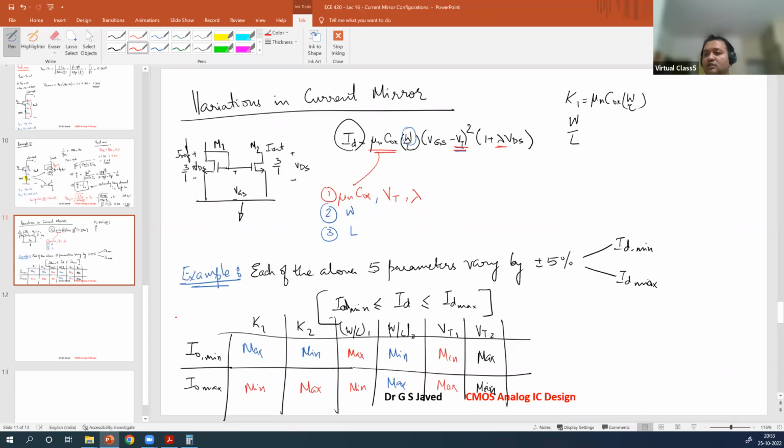So this is the variation that you will see across. Now you will have to find out, add the value. K1 plus 5%, K2 minus 5%, W by L plus 5, minus 5, VT plus 5, VT minus 5. Keep all of these and then you will find the range. So this is how you have to aggregate over a period of time.